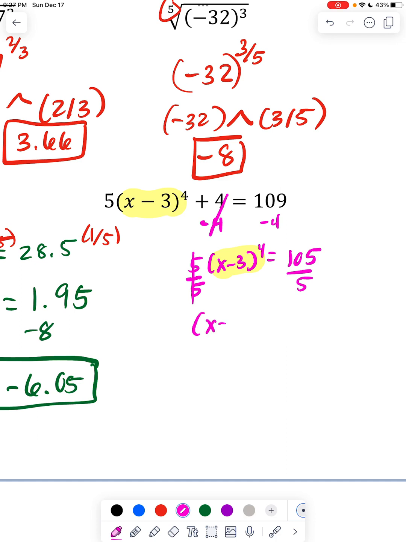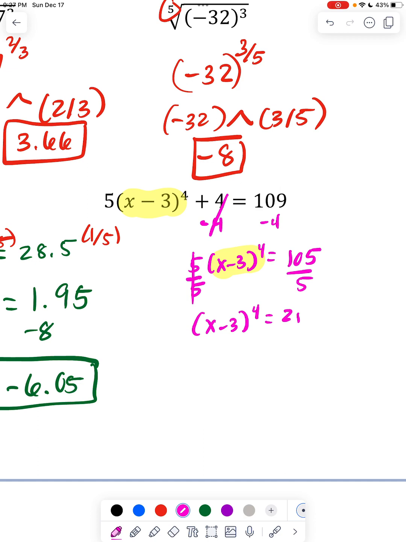So now I finally have the part that's raised to the power alone, and this becomes a 21. Wait, I changed that to a -4 inside for no good reason. I must have been looking at the power. Sorry about that. Okay, so x minus 3 to the 4.